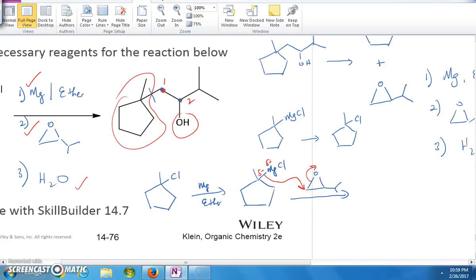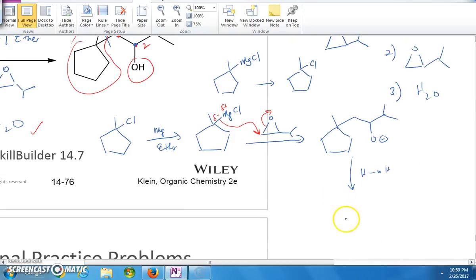Then, in the presence of water, you get your product. Notice that we have added 2 carbons in between the R group and the OH group.